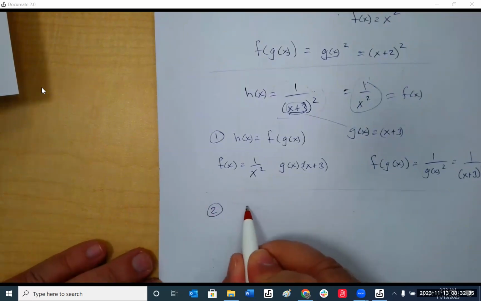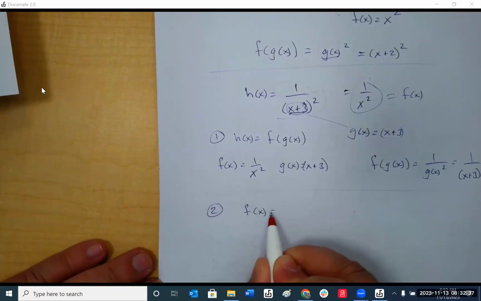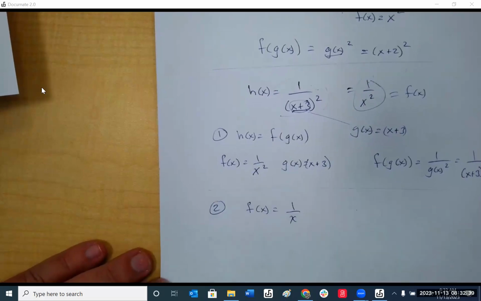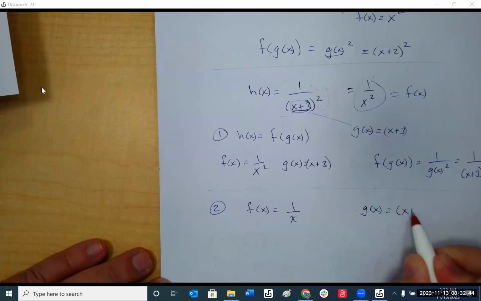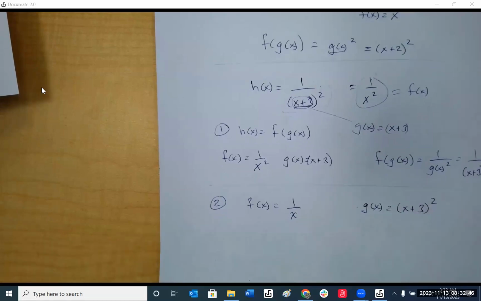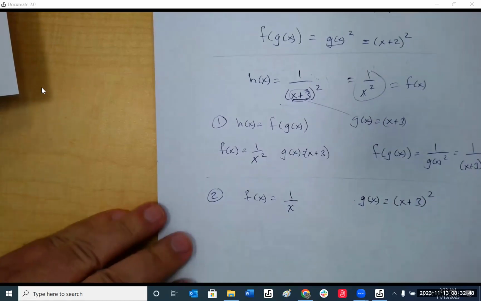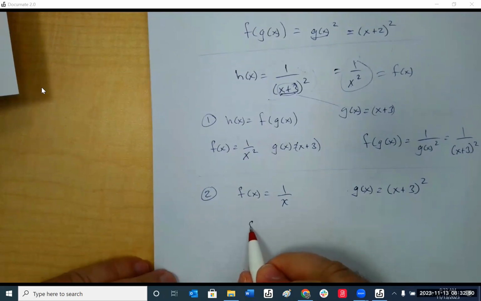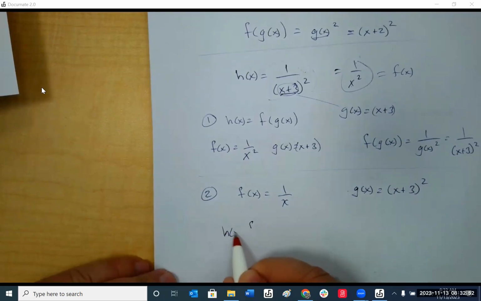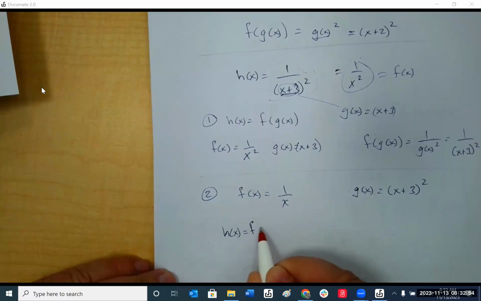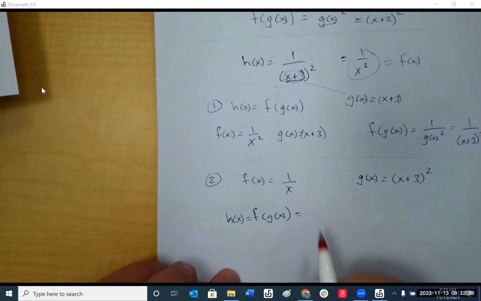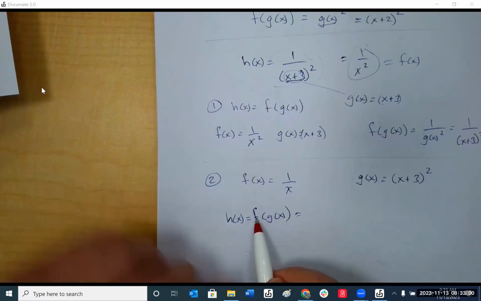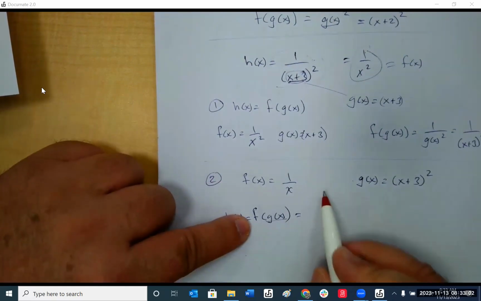Another way we could have done it is f of x is 1 over x. And g of x is x plus 3 squared. So when I do my composite function, f of g of x, in my f function, anywhere I see an x, I put a g.